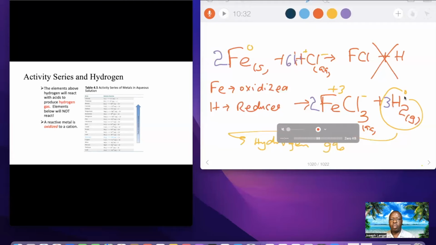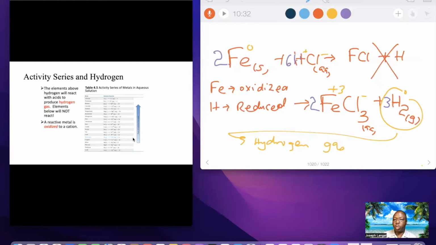Remember, the oxidation state at elemental state is 0. Hydrogen moved from +1 to neutral 0. Hydrogen is reduced, and iron from neutral 0 to +3 has been oxidized. It has been made to lose electron.